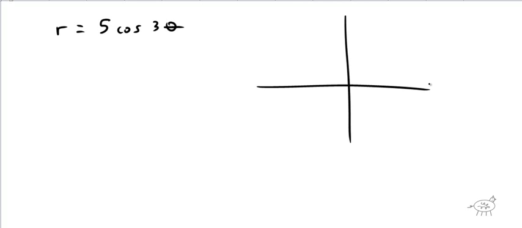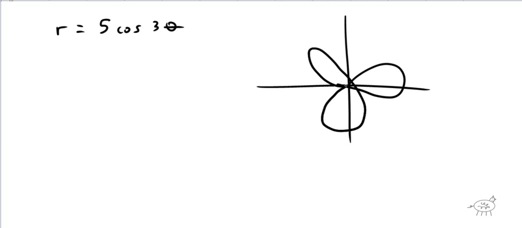If I graph it, it looks like this. Remember what I told you? For graph 3, it repeated itself and went around again and again. It's a really bad rose, but it really went around twice.